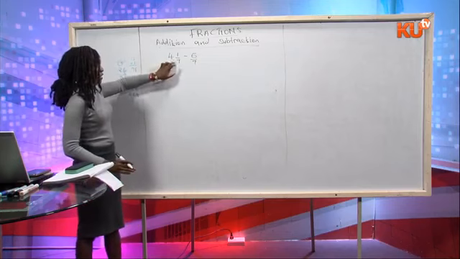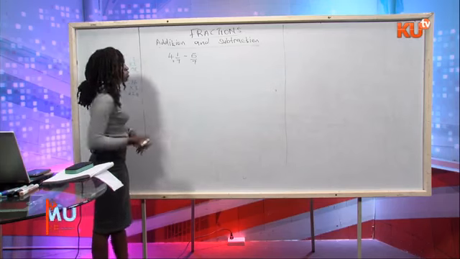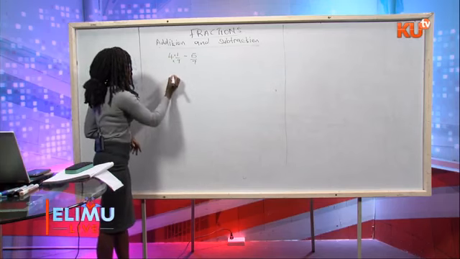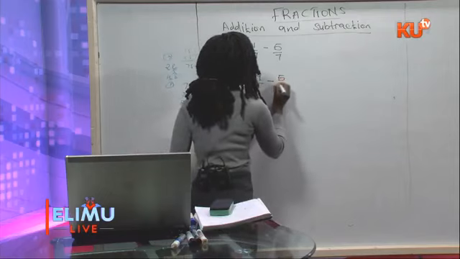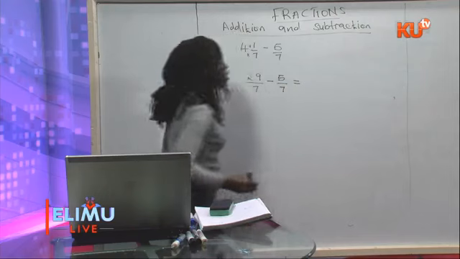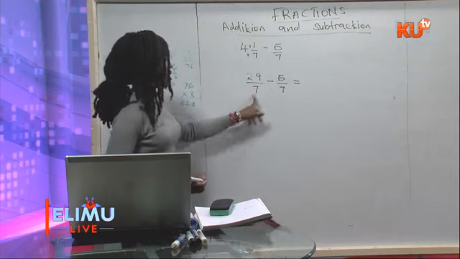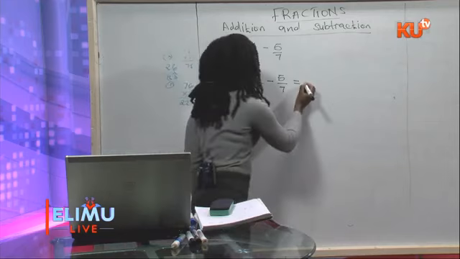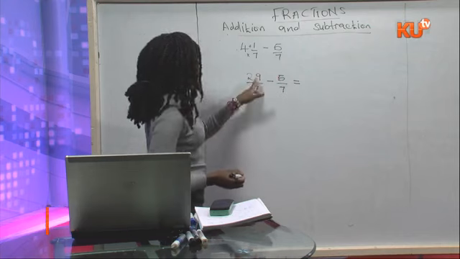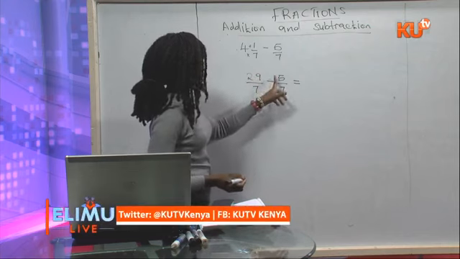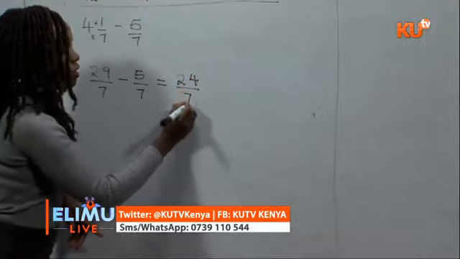So we convert the mixed fraction to an improper fraction. 4 times 7 is 28 plus 1, we get 29. 29 over 7 minus 5 over 7. In our case here, we are not going to get the LCM because the denominators are the same. So our work is just to take the numerators and subtract them. So I'm going to have 29 minus 5, I get 24, and then I put it over 7.